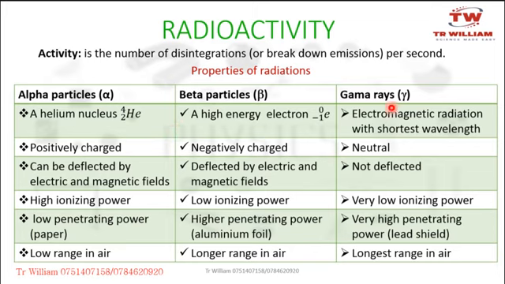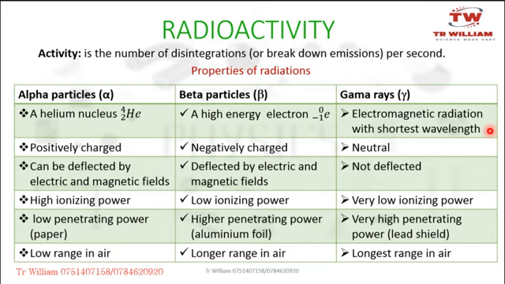Then gamma rays: these are electromagnetic radiations of the shortest wavelength. If you recall from your electromagnetic spectrum, you saw the different wavelengths for the different radiations. You realized that gamma rays have the shortest wavelength, followed by X-rays, then ultraviolet radiation, then the visible light that we see, then infrared, microwaves, radio waves, and so on.